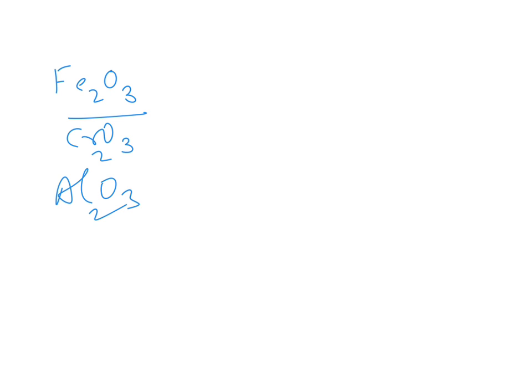Then color of oxides: Fe2O3 is reddish brown, Cr2O3 is green, Al2O3 is dirty white, then V2O5 is not colored but it is amphoteric in nature.